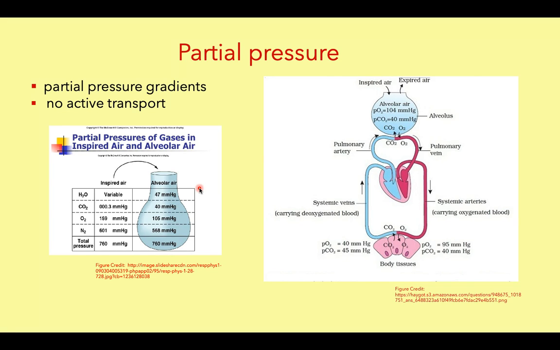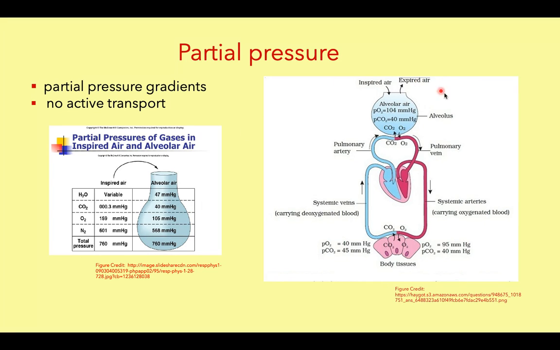So the alveolar air, let's say, is 568 millimeters of mercury for nitrogen, 105 millimeters of mercury for oxygen, 40 millimeters of mercury for CO2.